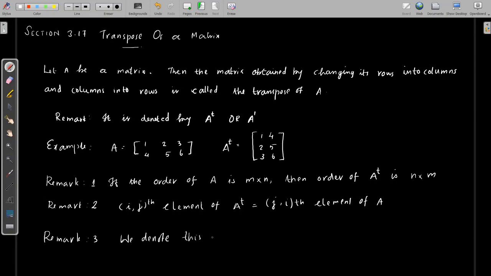Let A be the matrix denoted by Aij, and A transpose be denoted by Bij. Then we can relate the ijth entries of A and A transpose by Aji is equal to Bij.